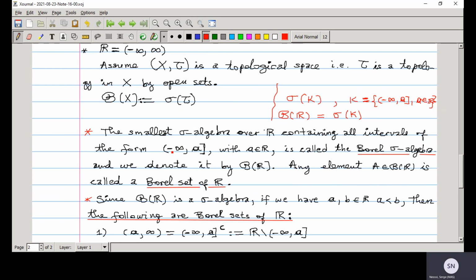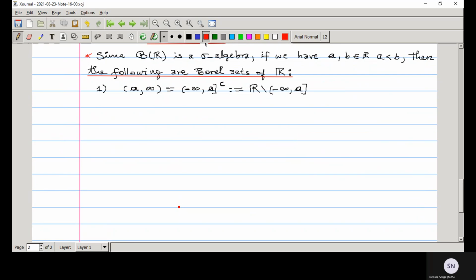As I told you, we could have selected the interval from negative infinity to a, open at a, not closed as we did here. So it doesn't matter what you choose. You can see that this gives us the same thing, because we take the complement and we have this, so we can also use this to generate our Borel sigma algebra. Okay, so this is a Borel set, so we proceed with the list.